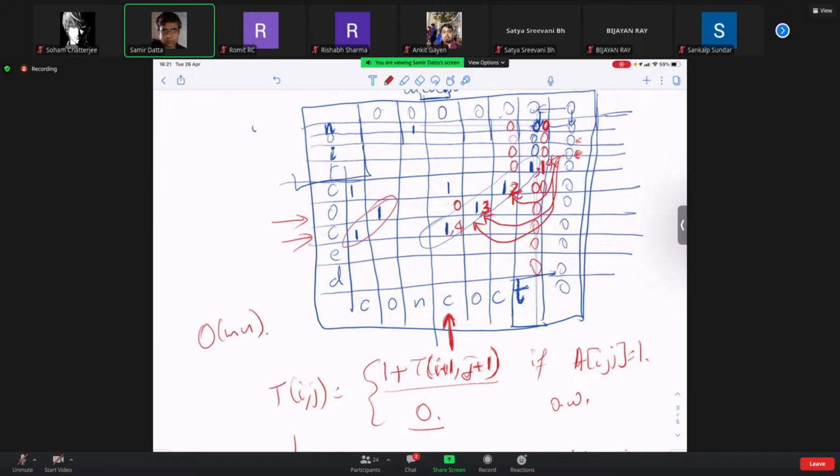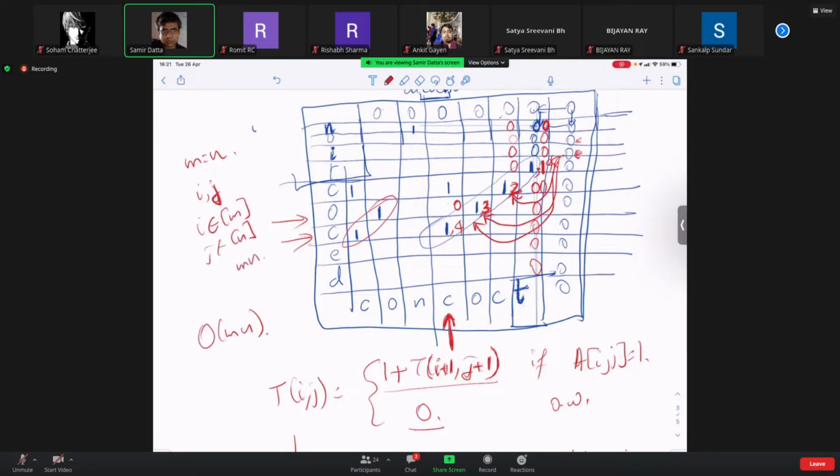Why? Because naively, if you were to do it, how would you do it? How much time would it take? Suppose m is equal to n. Not this algorithm, the naive algorithm. You would guess the value of i and j. You try out all possible ij such that i belongs to m and j belongs to n.